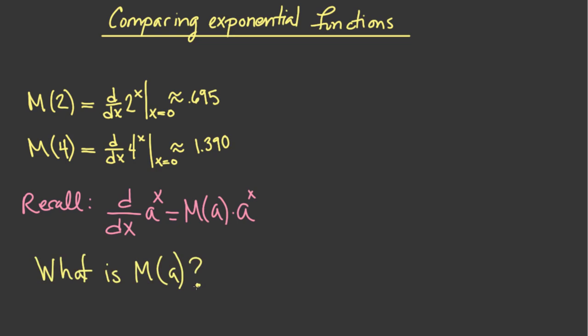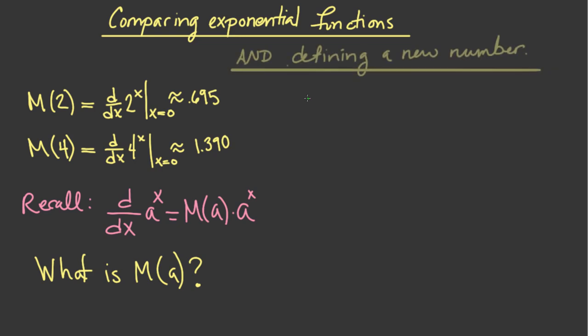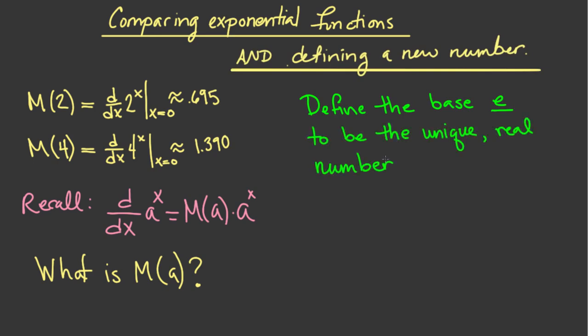Of course, we aren't really able to compute these, and what we have are just numerical approximations. They're definitely not exact. So what we're going to do is make a definition. We are going to define the base e to be the unique real number so that m of e is equal to 1.